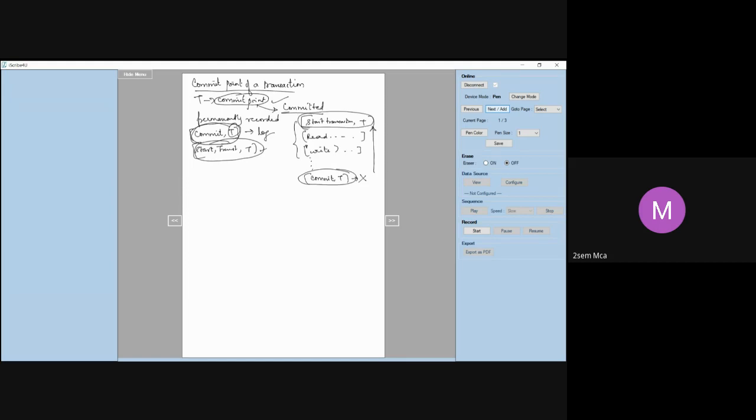Whatever you have done after this, all these steps will have to be undone or rolled back, undoing their effect on the database. That is what you call your recovery process.